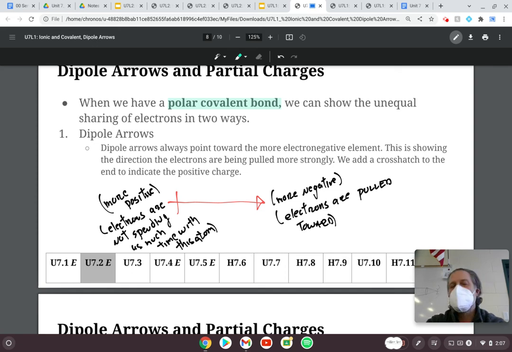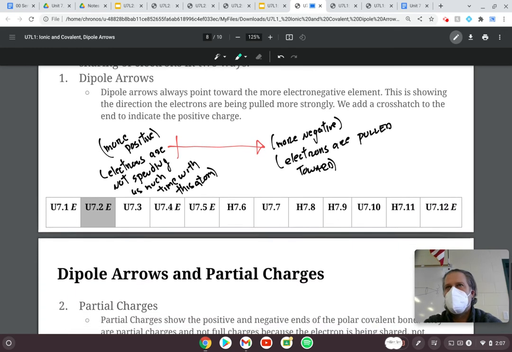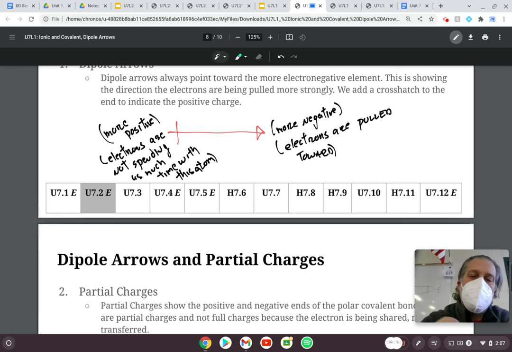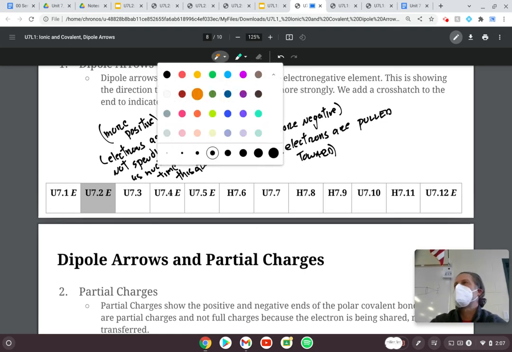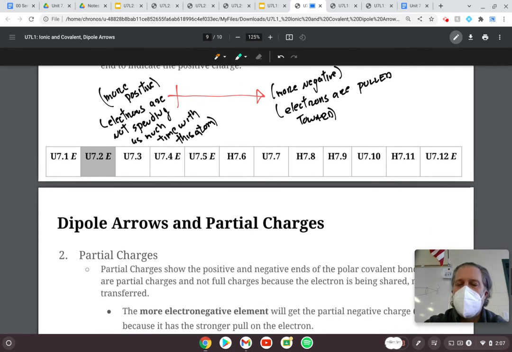Now, the other way that we can show partial charges is with something that we call the delta symbol. You may be familiar with the delta symbol at some point in your science life, where you saw it look like this. It was a triangle.